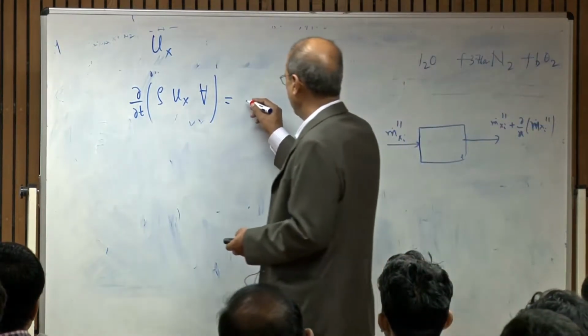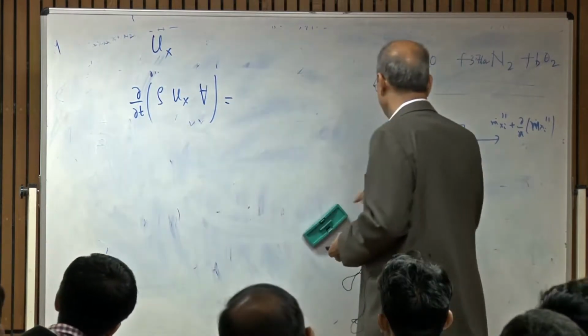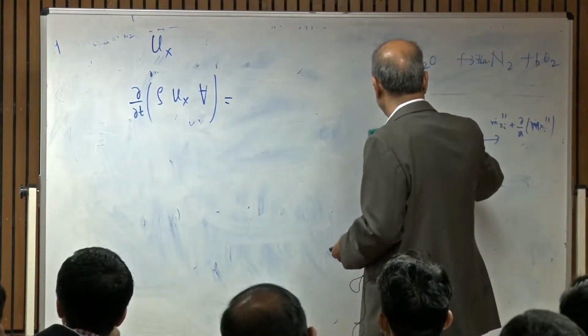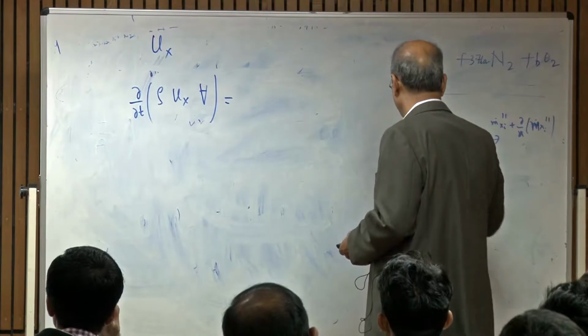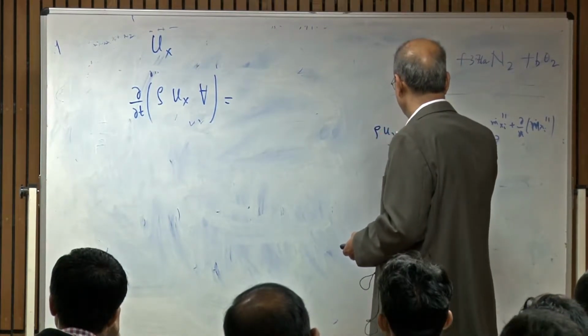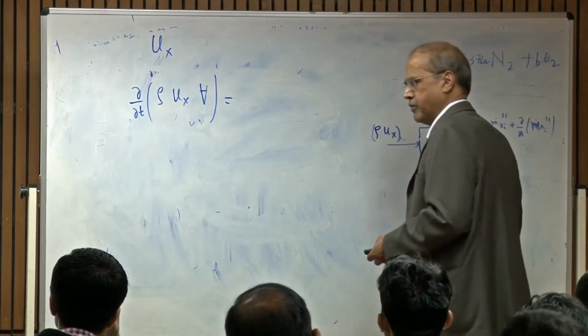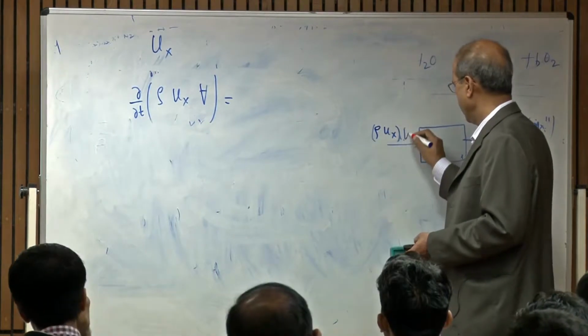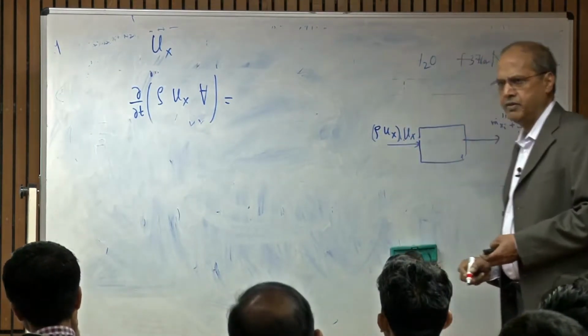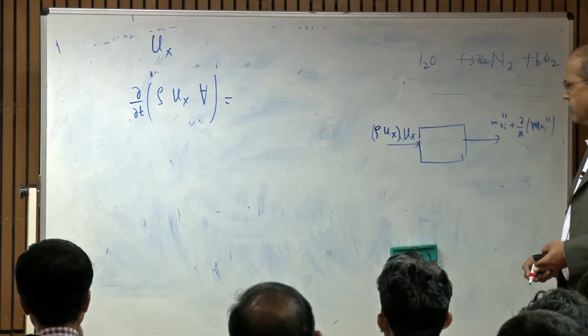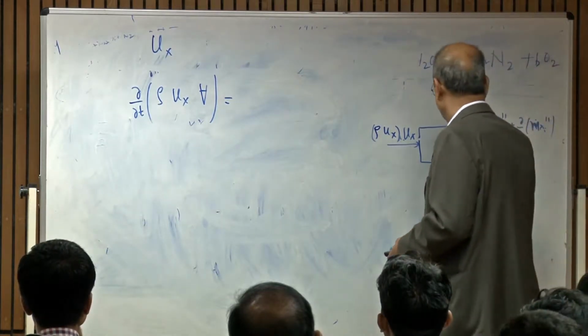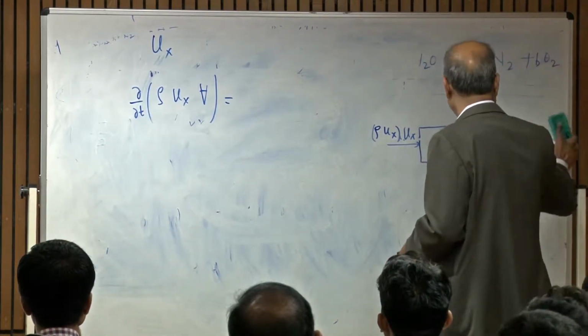Okay. So that will be again, we will write the momentum flow rate here. It will be rho ux, that's the mass flow rate per unit area. That becomes the momentum flow rate per unit area. And then we can write the same quantity here.